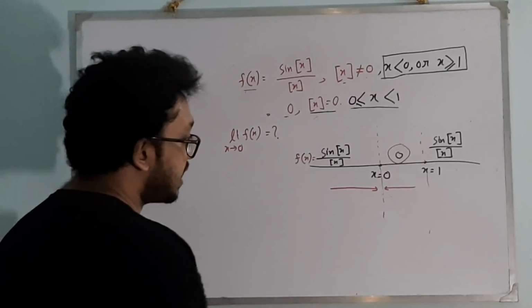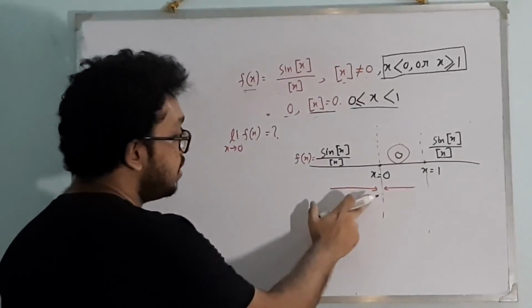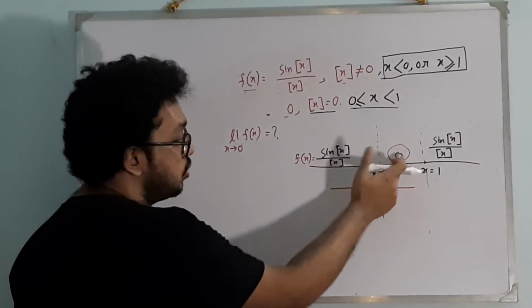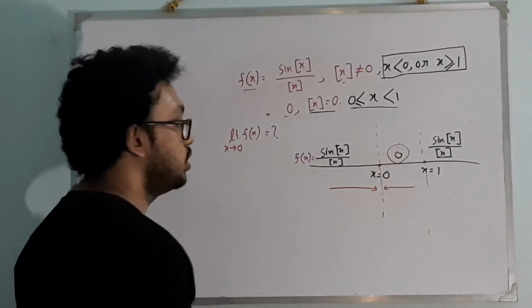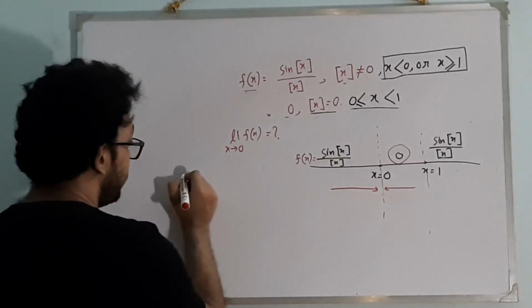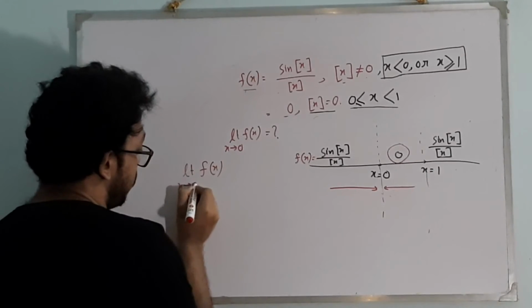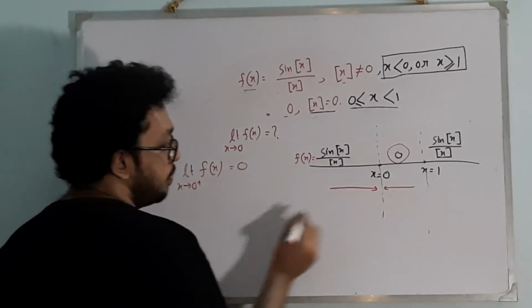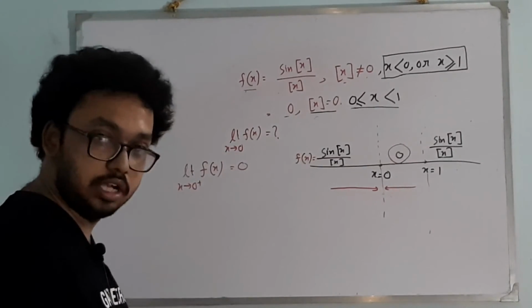So clearly, while evaluating the right hand limit of the function f(x) at x equal to 0, I will take f(x) equal to 0, because just on the right side of x equal to 0, f(x) has a value equal to 0. So you observe that the right hand limit of the function f(x) at x equal to 0 is nothing but 0.